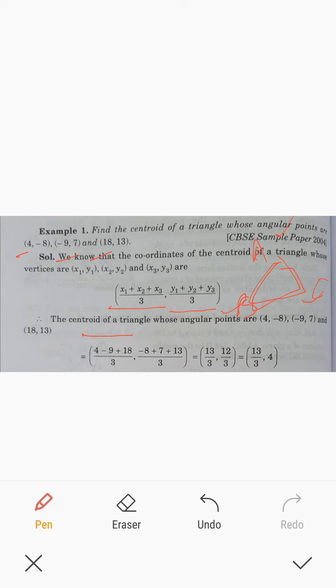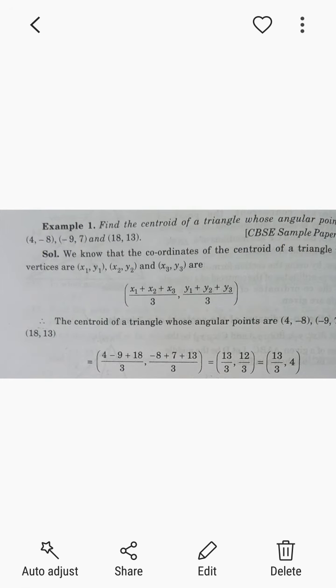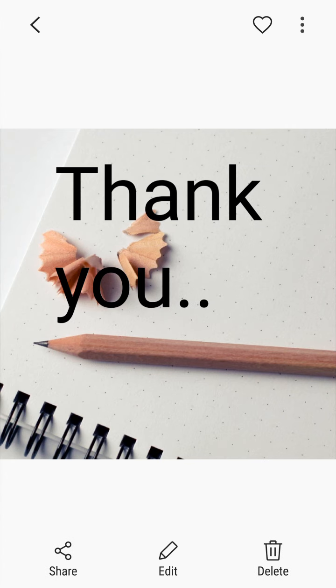And y1 is minus 8, y2 is 7 and y3 is 13, so (minus 8 plus 7 plus 13) by 3. That means 13 by 3 and 12 by 3, which is 13 by 3 and 4. So the coordinates of the centroid of the given triangle are (13 by 3, 4).